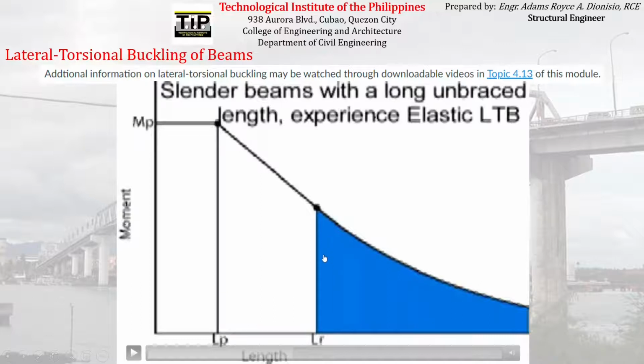Ibig sabihin, mag-buckle man siya, mag-experience man siya ng lateral torsional buckling, once na tinanggal mo yung load, babalik pa rin siya sa original form niya. And that magnitude of spacing of the lateral bracing is what we call LR. Kumbaga yan yung efficient spacing ng mga lateral bracing to ensure elastic lateral torsional buckling.